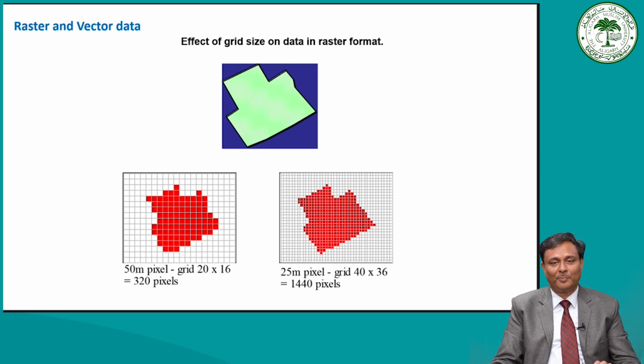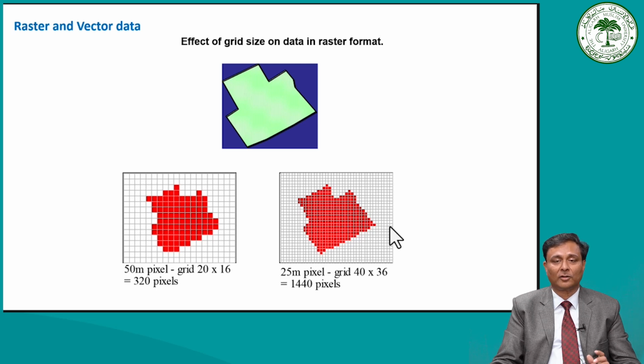So the relationship between cell size and the number of cells is expressed as the resolution of the raster, and you can very clearly understand the importance of resolution in raster data. As I am saying, a finer resolution gives a more accurate, better quality and better shape representation of digital data.